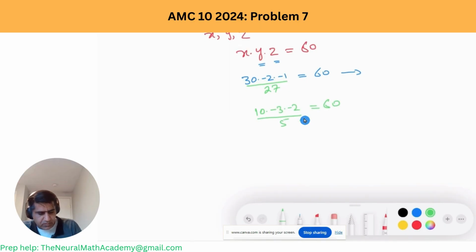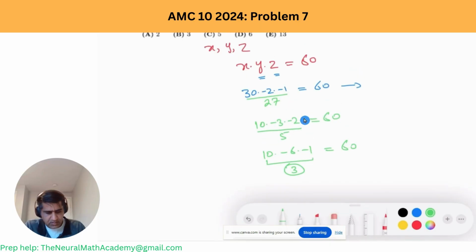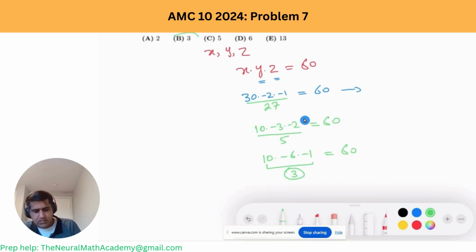We can have 10, -6, -1, that is 60, and the sum is now 3. Any other combination that we use will give us a larger number. So the smallest possible value is 3, and the answer is B for this problem.